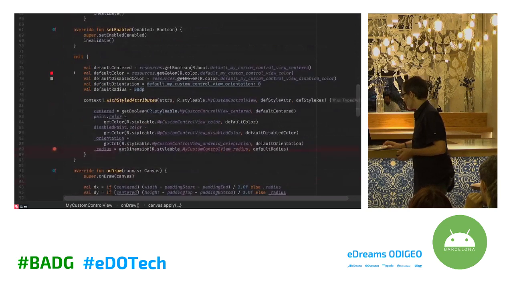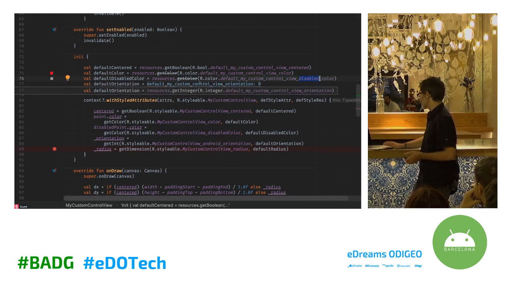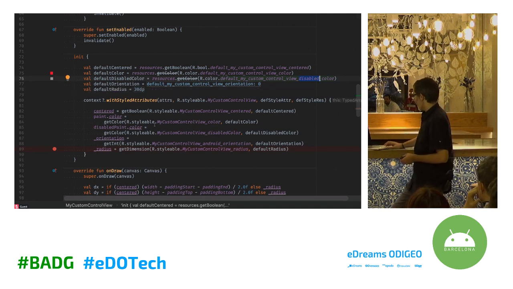In the initialization, in this example, basically what I'm doing is getting a few default values. For example, if this control is centered, a given color, a disabled color, an orientation, which we will not use for this example, it's just to showcase that we can use Android default properties, and the radius.